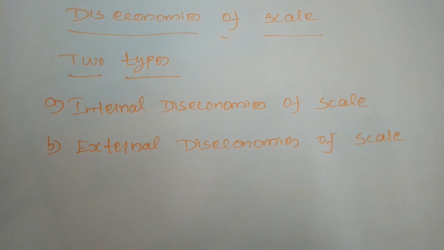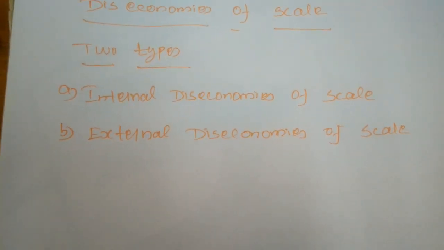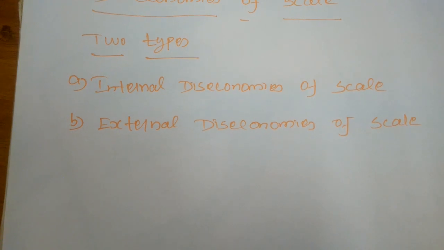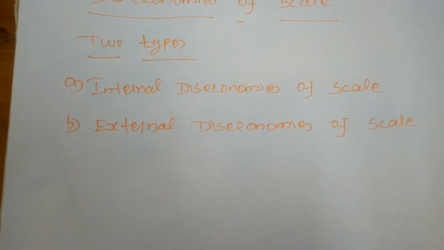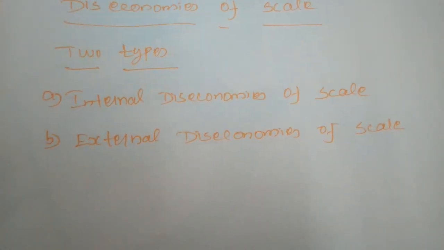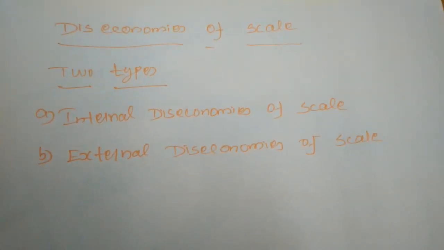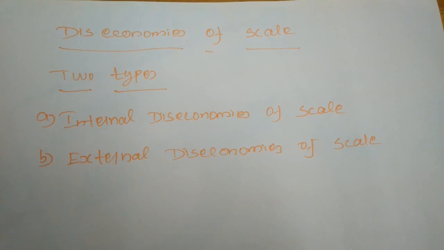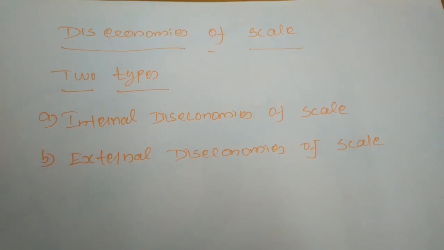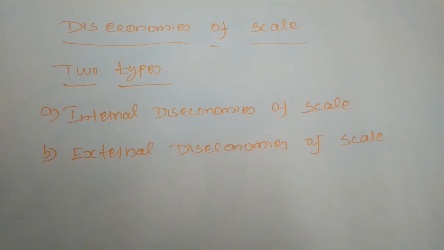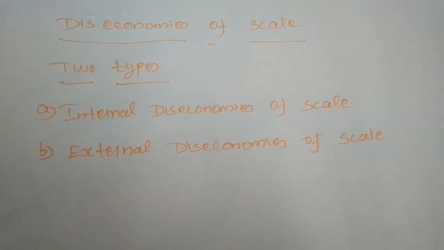Internal diseconomies of scale mean that when the scale of production increases beyond the optimum limit, its efficiency may come down. So by having more economies of scale, if the producers produce commodities beyond the optimum level, the productivity or the interest of the labor also will be reduced.